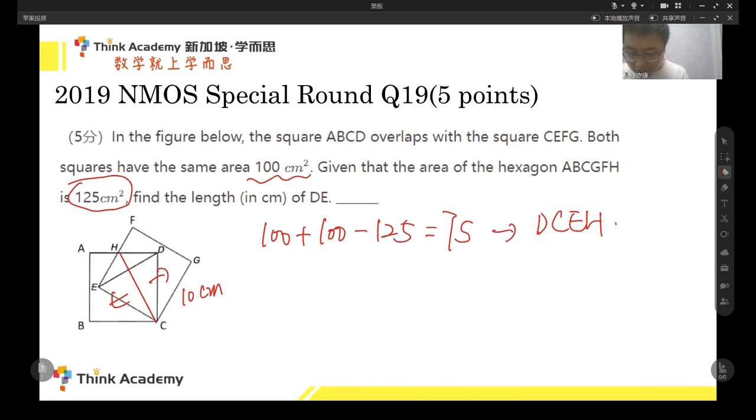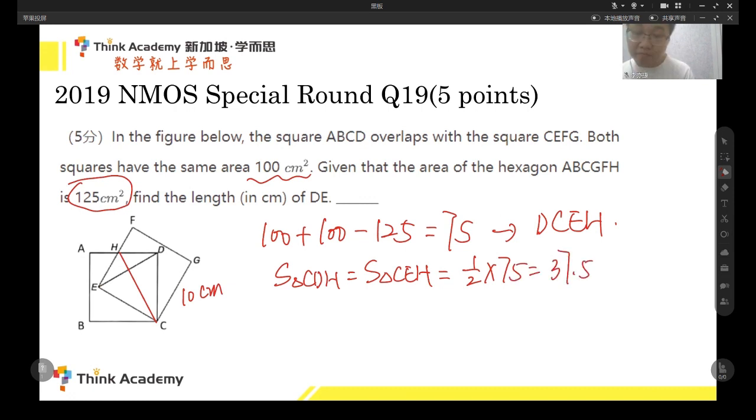So, for the symmetry reason, CEH and CDH share the same area. Which means CDH and CEH both have the area of 37.5, right?